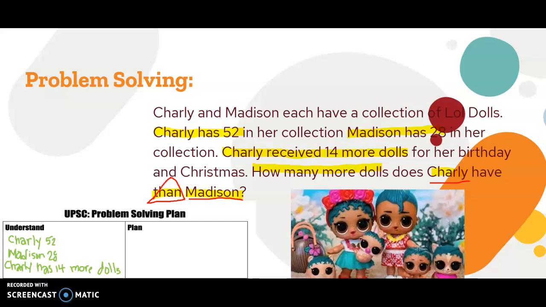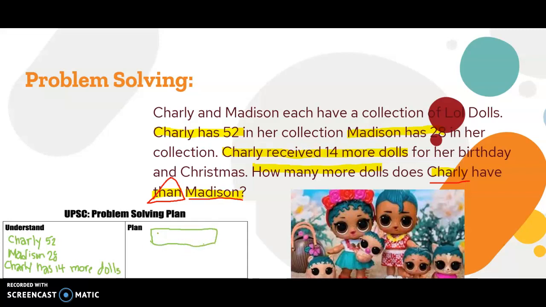So what is my plan? Now I can also include that I am trying to figure out how many more dolls Charlie has than Madison in my understand. But in my plan, I need to make sure that I am representing what Charlie has.